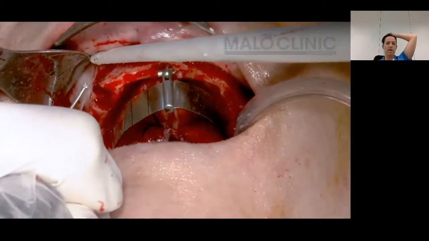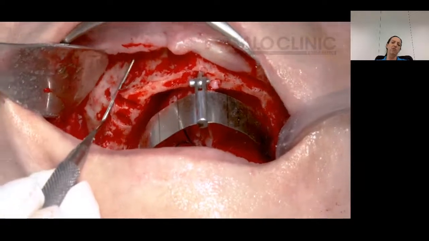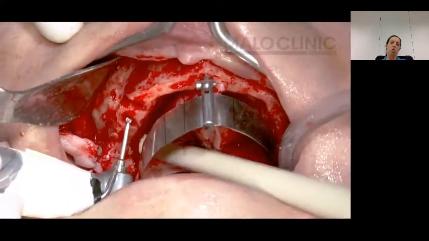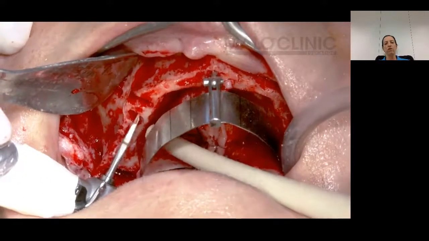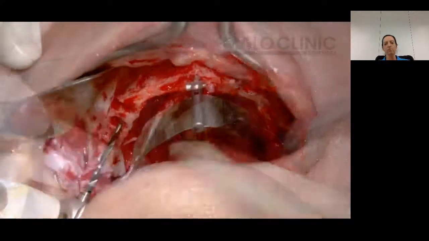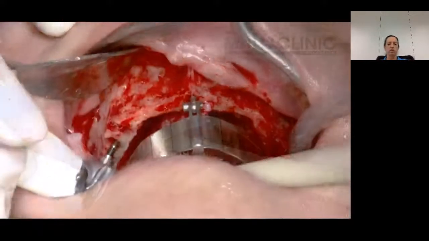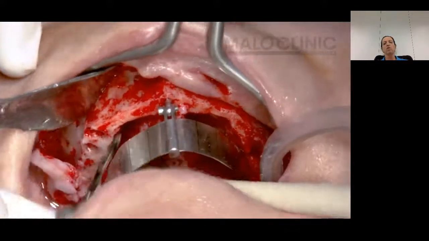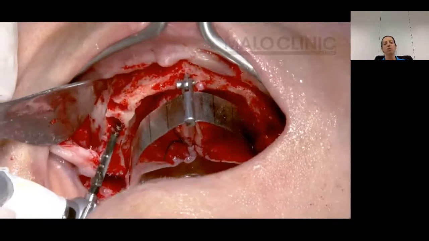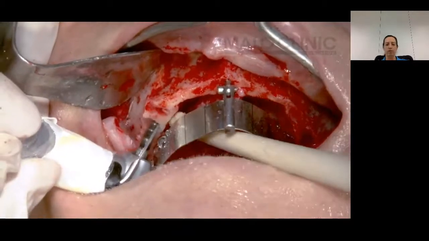After that, we place our GPS in the middle. Then we have to see exactly where we have the anterior wall of the sinus. So we make a hole into the sinus, and then we see with the 45 degrees where we can start. We start our drilling protocol using the 2mm drill. The 2mm drill is the most important drill. It will tell me the density of the bone, and it will tell me the length of my implant.